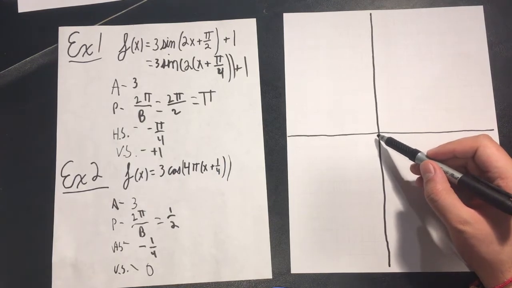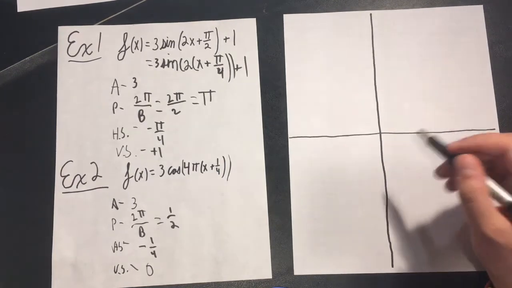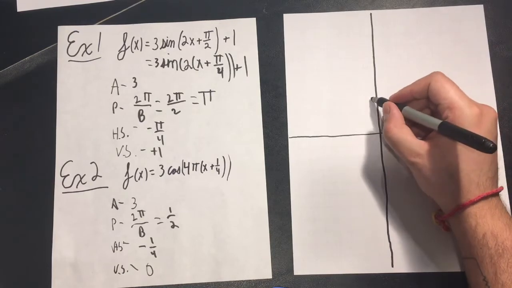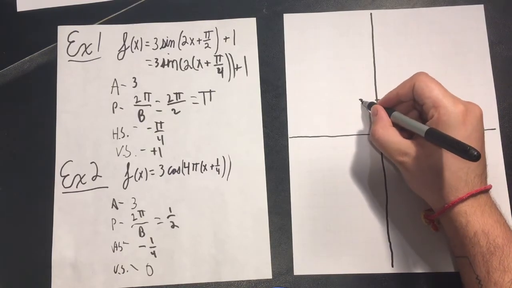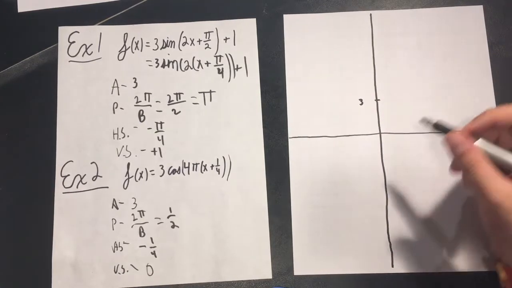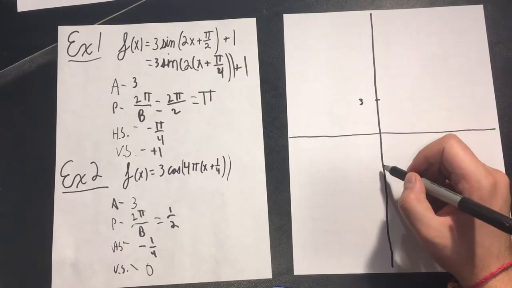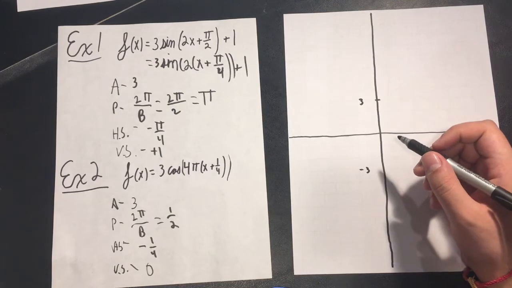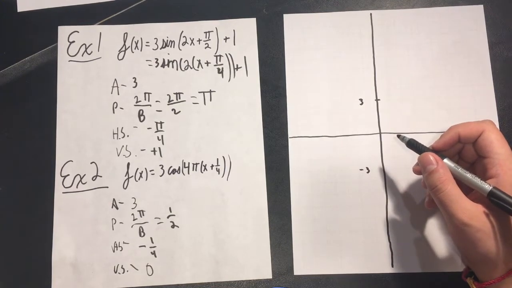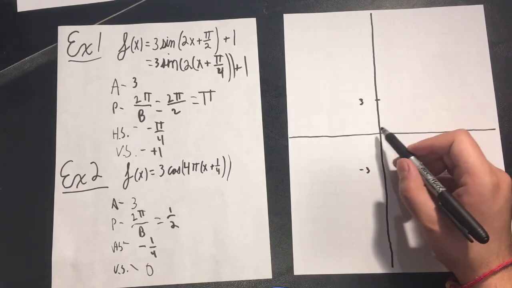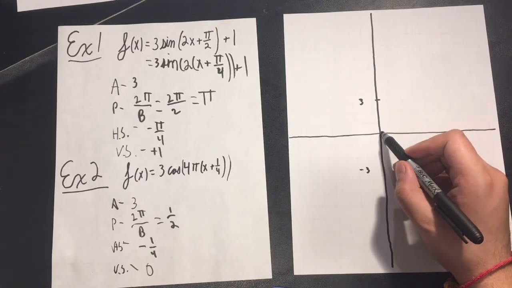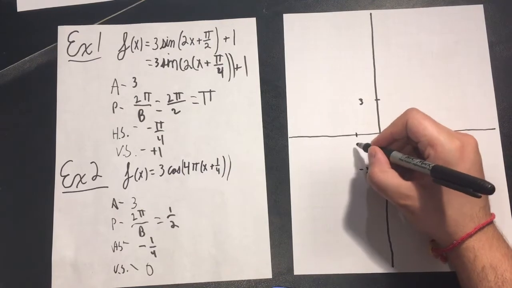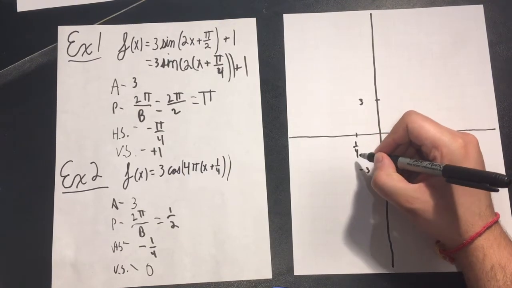Our amplitude is 3, so I'm just going to go right there, and right here, 3 and negative 3. The horizontal shift is the next thing we look at. That's negative 1/4. So I'm going to move over and say this is negative 1/4.